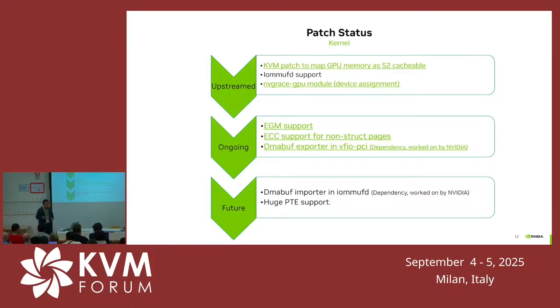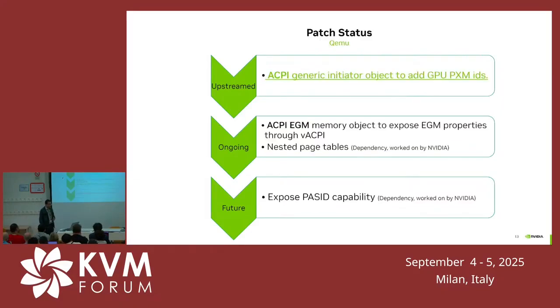That is still in the works, and folks at NVIDIA are working on that. Then the counterpart would be the DMA buff importer in IOMMU FD, which those folks would pick up next. And the huge PT support that was added earlier this year, we want to add support for that. That is in the pipeline for the future.